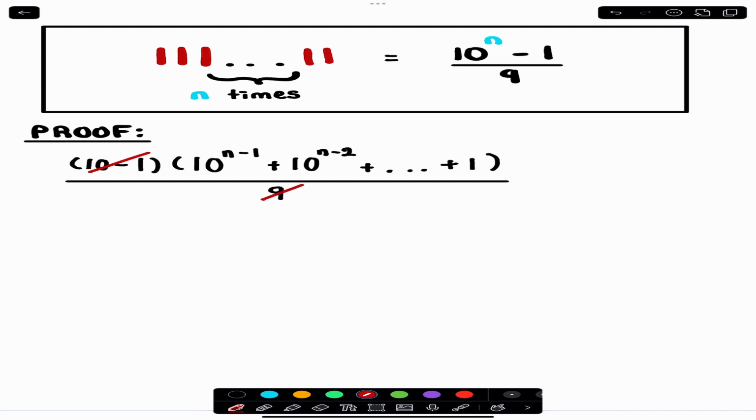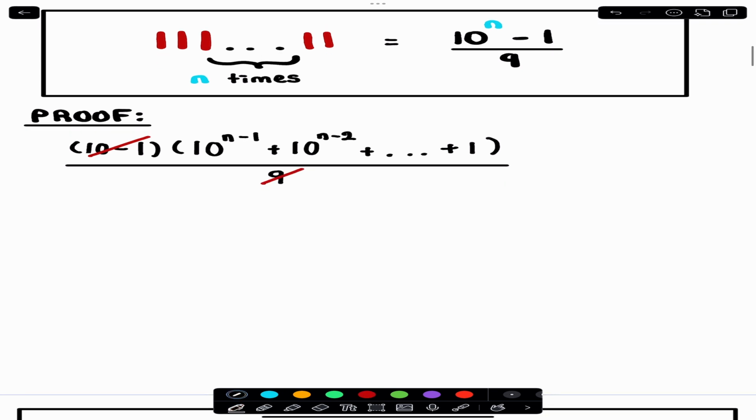Then we can see the 9s cancel, and in the end we're left with all of this on top. But if we remember our definition for what it means for 10 to be raised to some power, then 10 to the power of n minus 1 will just be 1 followed by a bunch of zeros.